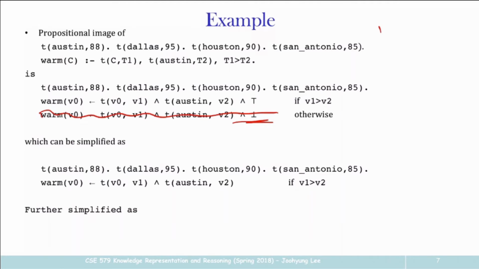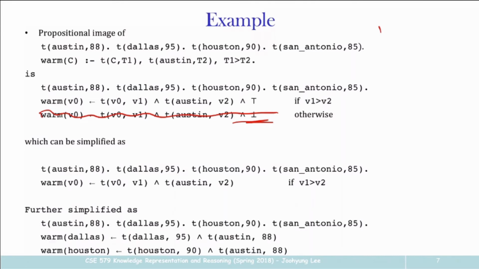What remains are these two rules that you see. In fact, you can further simplify this. This requires a bit of thinking, but the idea is if the body is never true, then the rule doesn't matter, and you can delete it.